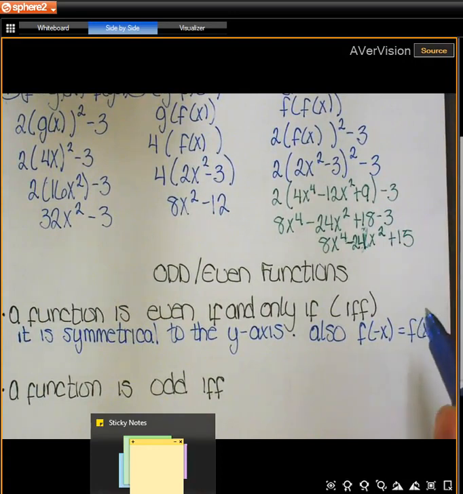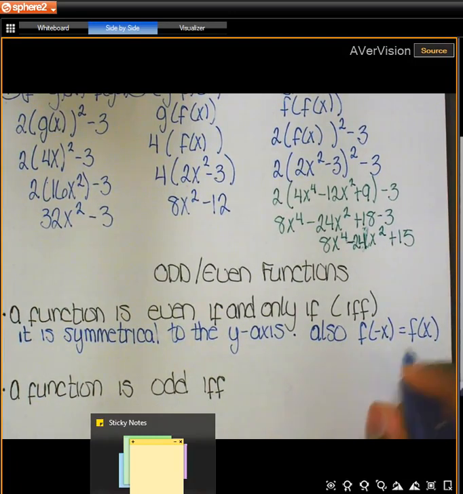So if we plug in negative x for x inside a function and we get the original function back, that means the original function is even. We'll do an example of that.